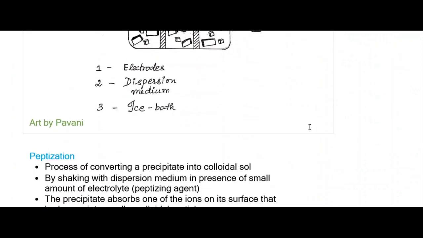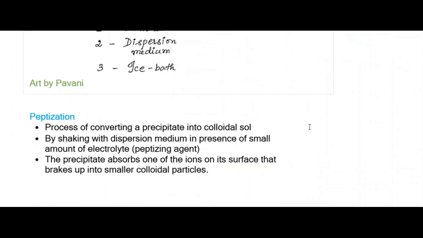Then, the process of converting a precipitate into a colloidal solution can be done by shaking with some dispersion medium in the presence of a small amount of electrolyte, like sodium chloride. This is called the peptizing agent.